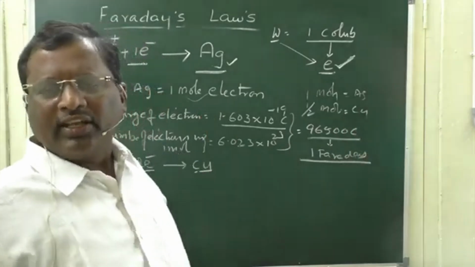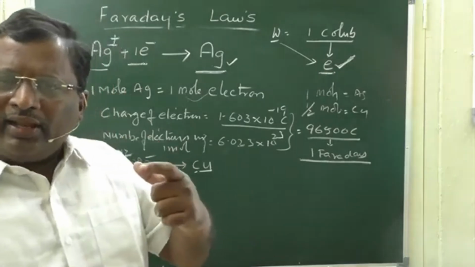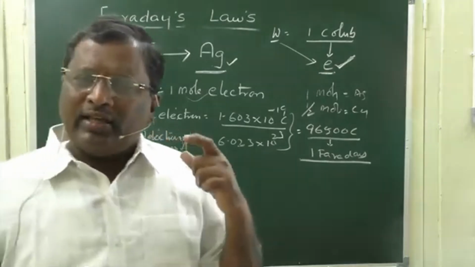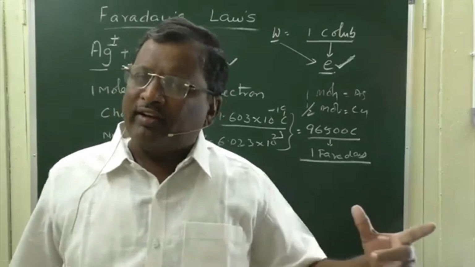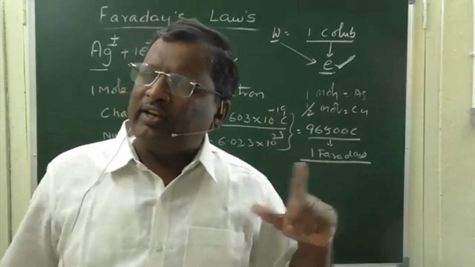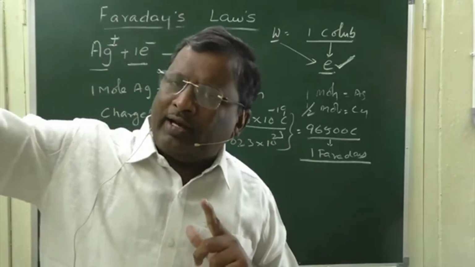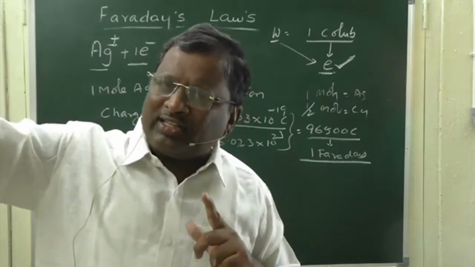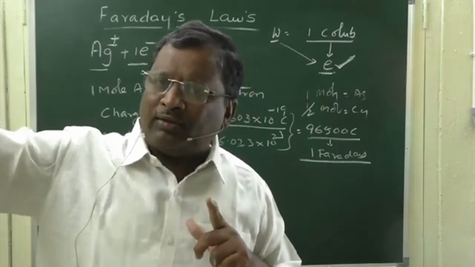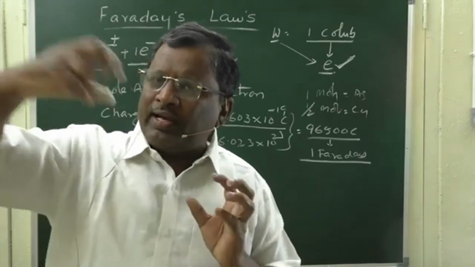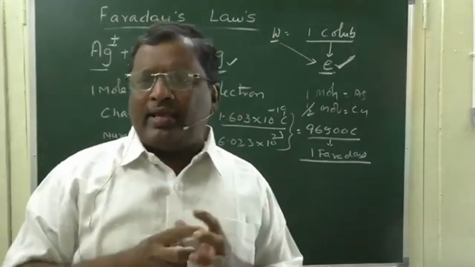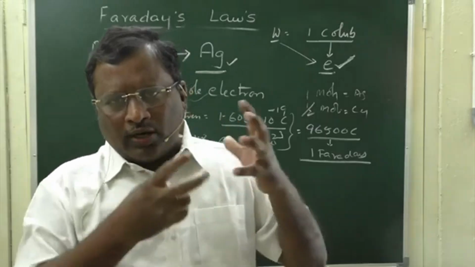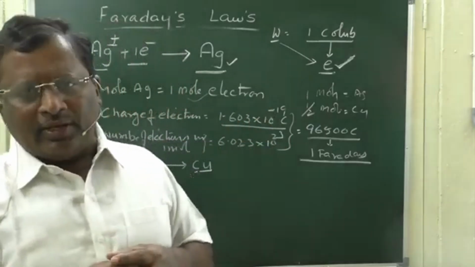So, the doubt that arises is why the amounts of substances deposited are in the ratio of their equivalent weights. The equivalent weight of an element depends upon the number of electrons required to deposit that atom or 1 mole of atoms. So, based on the number of electrons required by the ion, the quantity of electricity will depend.